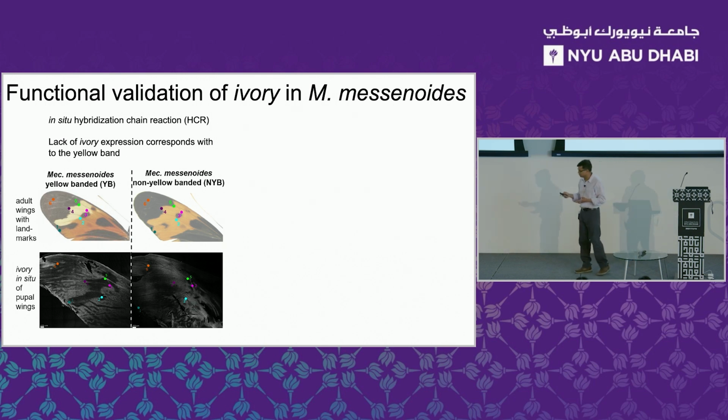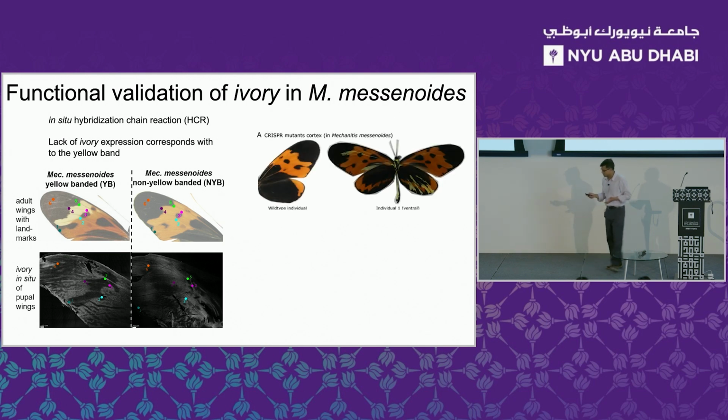So we can show that ivory is indeed the gene that is expressed. It's causing this phenotypic variation. And we've got a little bit of CRISPR evidence over here, where if we knock out the ivory promoter, you get these white patches appearing in the butterflies.